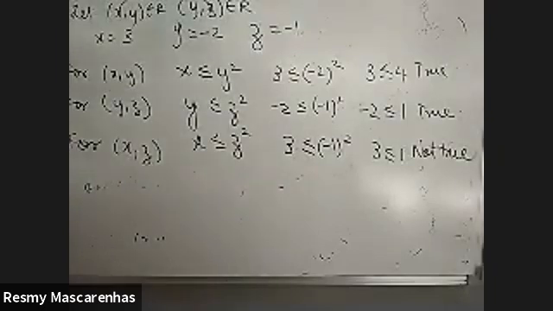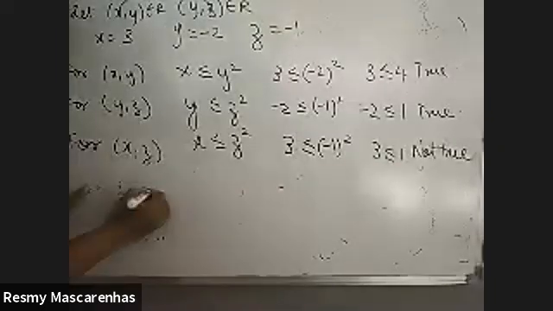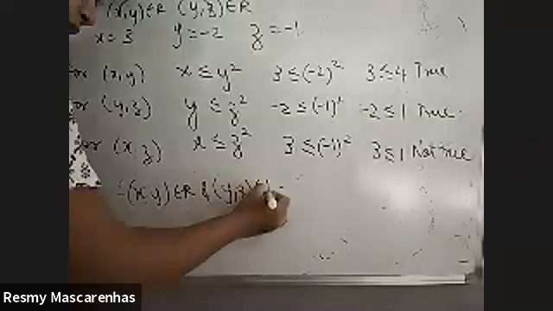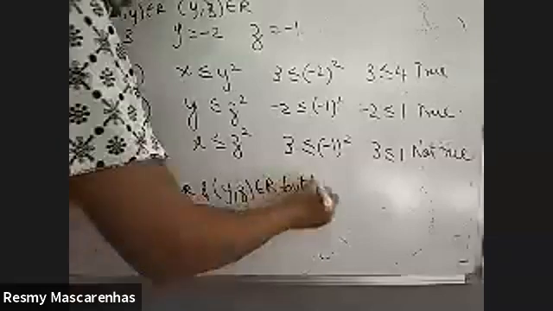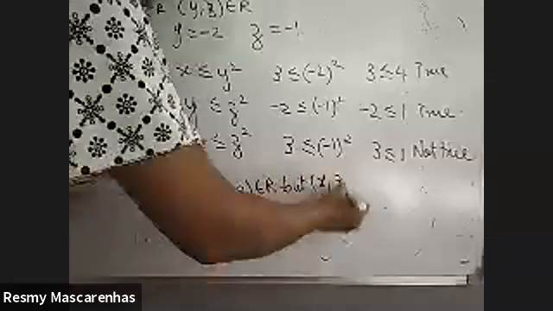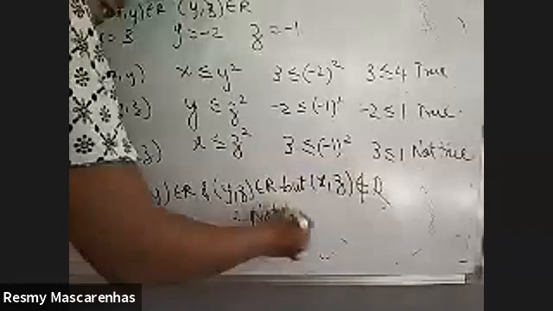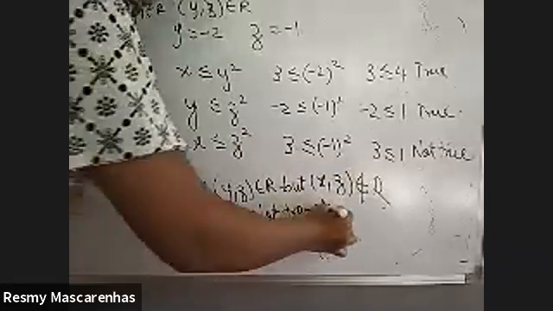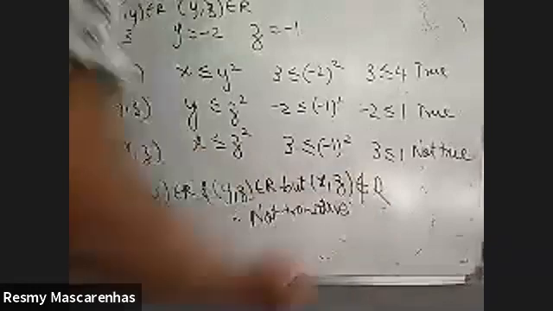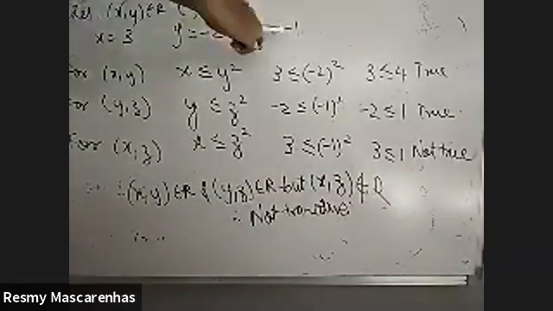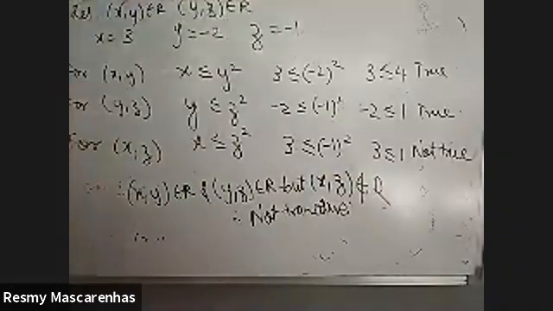So that's why x comma y is true, y comma z is also true, but x comma z is not true, therefore not transitive. So whenever you are asked to prove not reflexive, not symmetric, not transitive, give an example with numbers. One example is enough to ensure that it is not transitive.